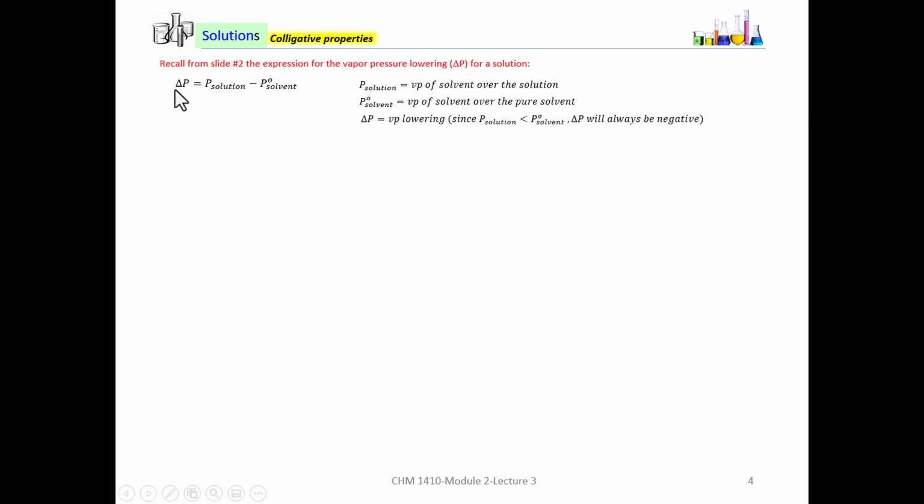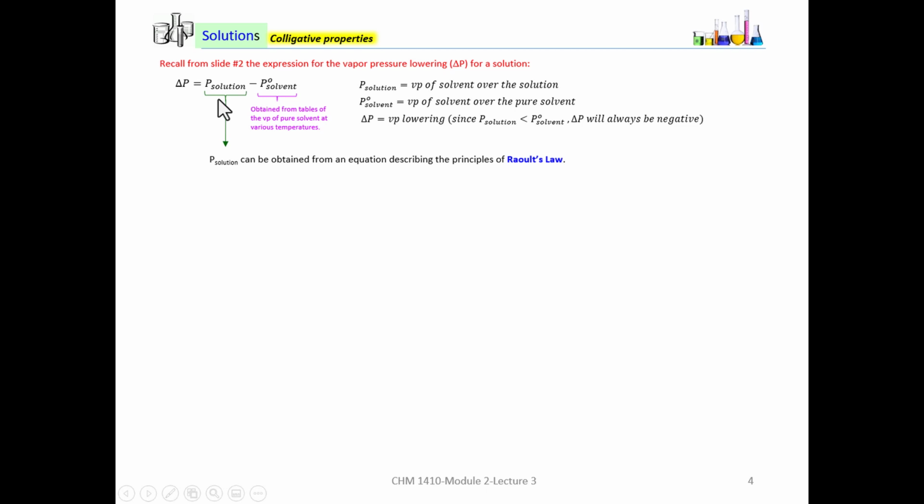And of course, delta P here is the vapor pressure lowering, and since the vapor pressure of the solvent over the solution is less than the vapor pressure of the solvent over the pure solvent, delta P will always be negative.